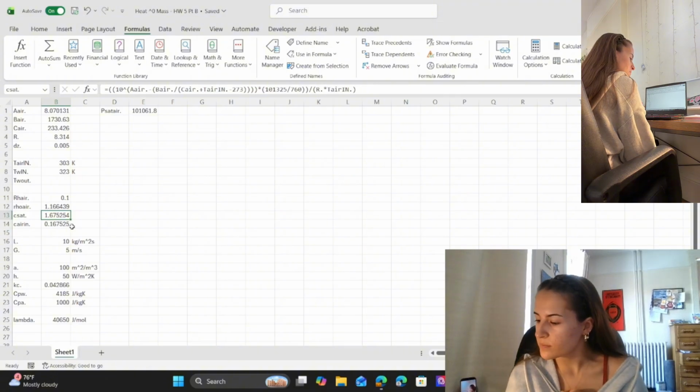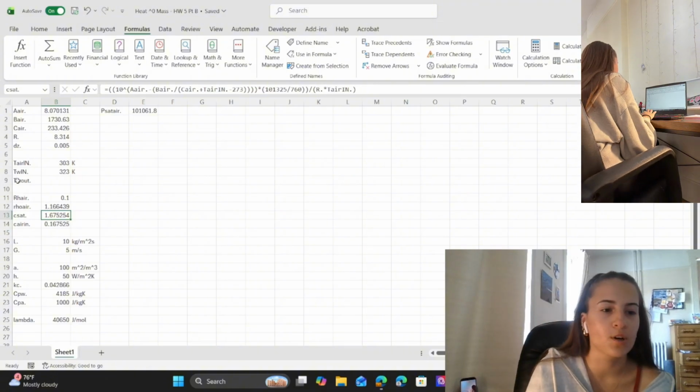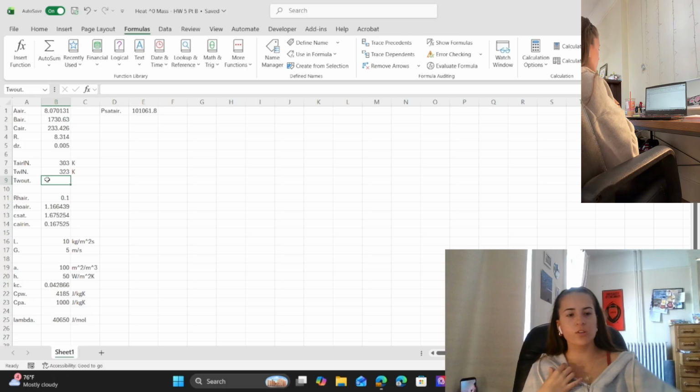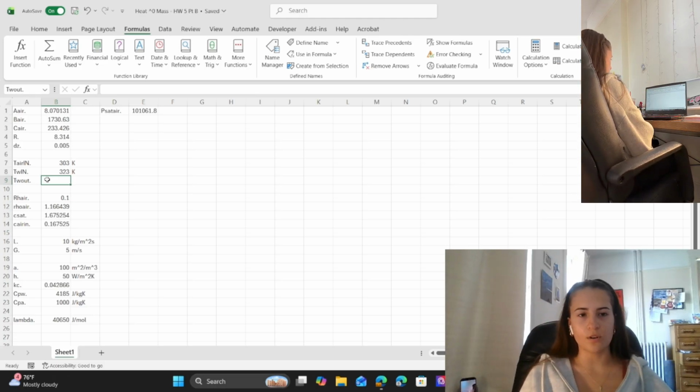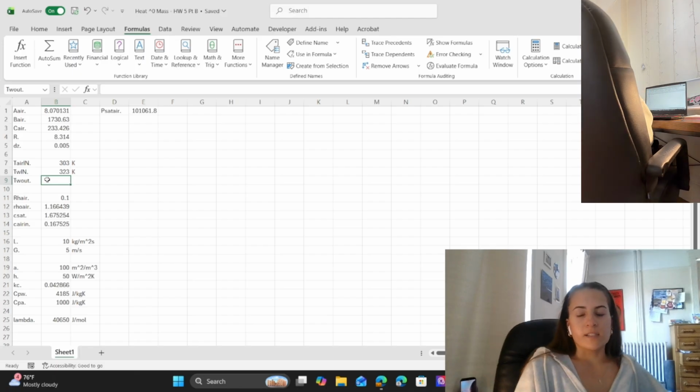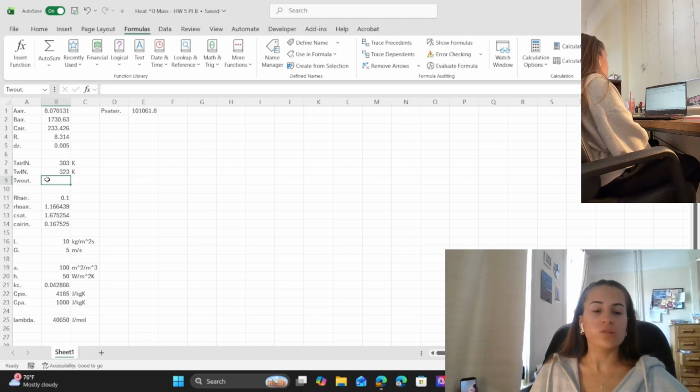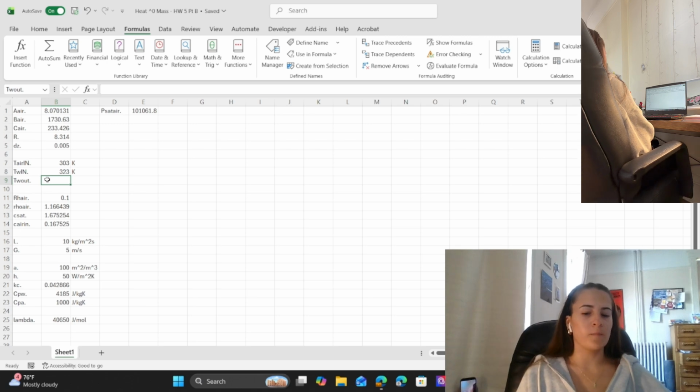Okay, perfect. And then for TW out, this is our other number that we don't know. And for the other Excels that we've done, we've had to use solver a couple times, and this is the value that we're going to have to use solver on. So this will have to be a guess for right now.